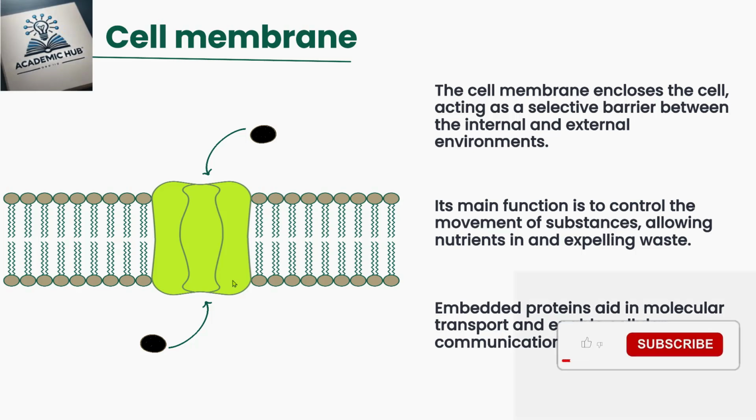Next, embedded within this layer, various types of protein are also present that contribute to the membrane's functionality. These proteins can be broadly classified into two categories: integral proteins and peripheral proteins. On the above side, glycoproteins are present, over which carbohydrate sugar chains are also attached.